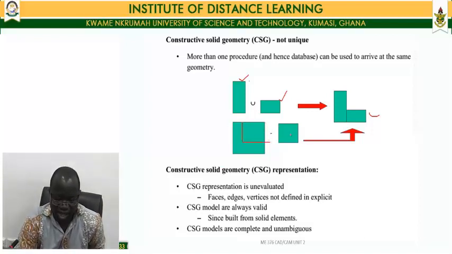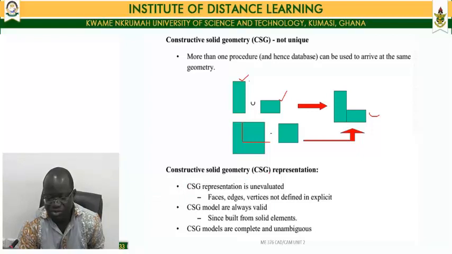Now, other things that you can find on constructive solid geometry representation is that they give you unevaluated surfaces. So the faces and edges are not defined explicitly because there is no unique way of creating it. Their surfaces are unevaluated.